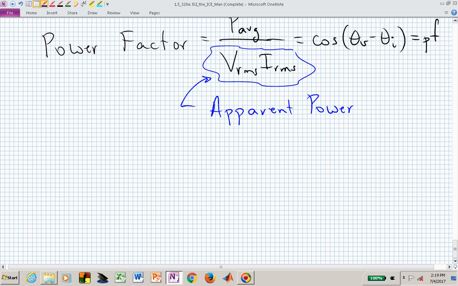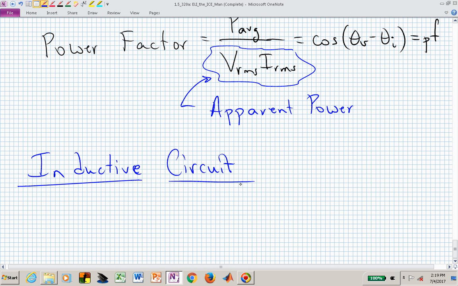And we can generalize this. This was just for a pure inductor, but if we now looked at a circuit that was more inductive than capacitive, it might have a lot of different inductors and capacitors floating around.